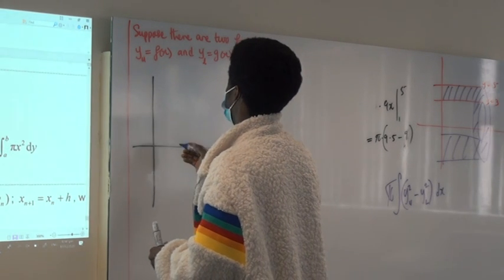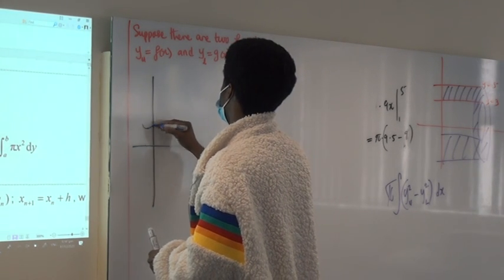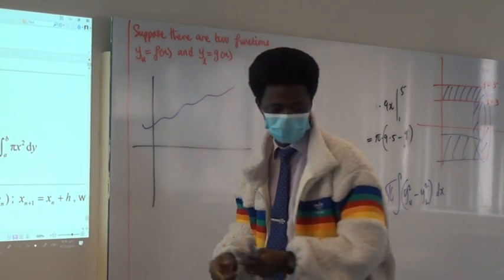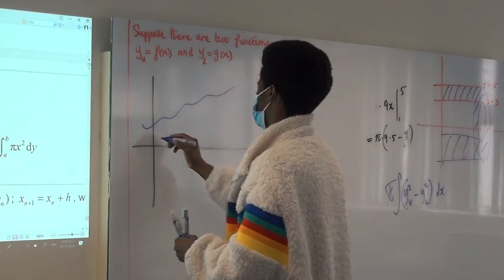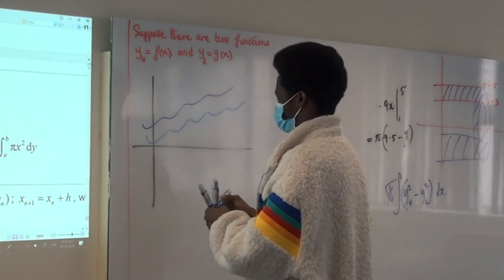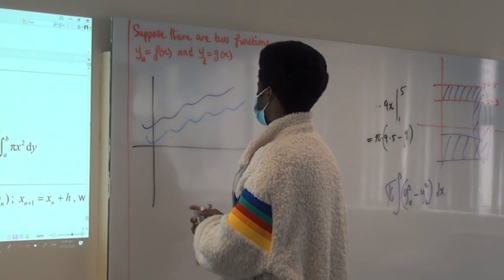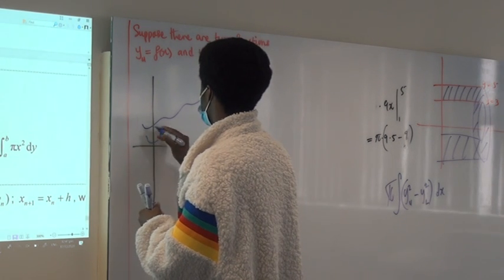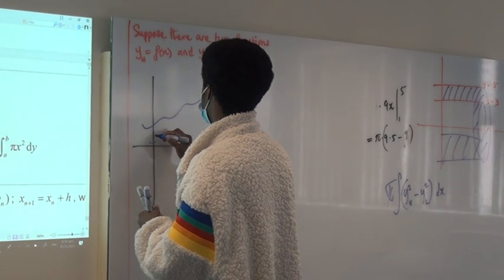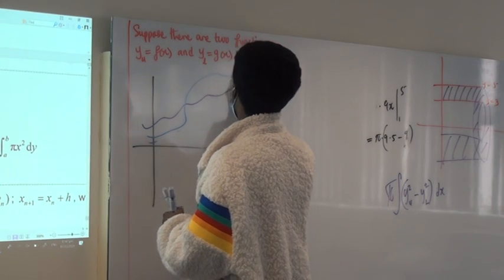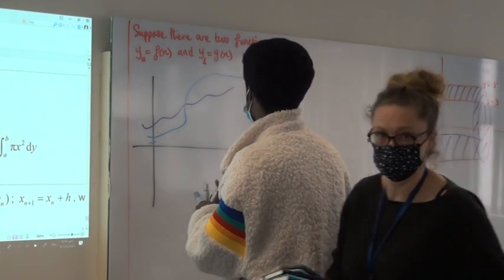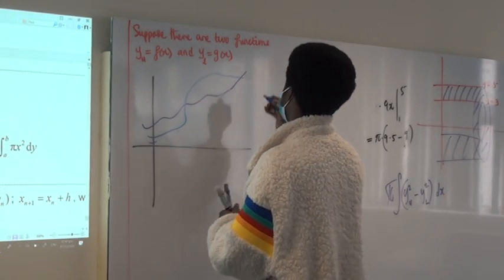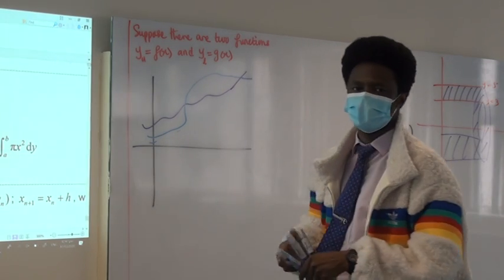We can do similar about y. So you have one function like that. Then you have another function this way, for example. It will intersect too. Okay. Like this, such that they intersect somewhere here.